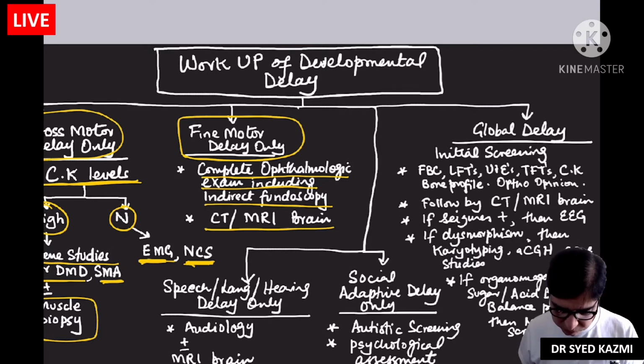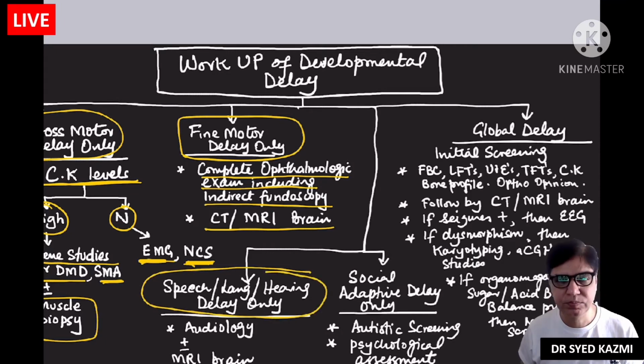If the child has only problems in speech, language, hearing delay, nothing else, the child has either deafness or language problems, then the next step would be to do an audiology. So a complete audiological assessment would give an idea whether this is conductive deafness, sensorineural deafness, or there is no deafness at all.